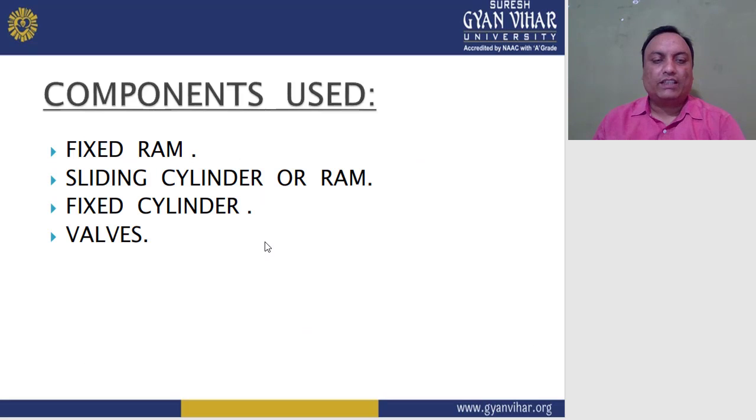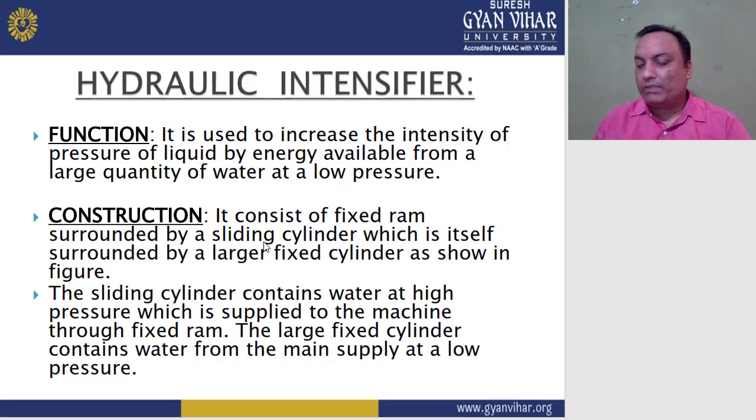So these are some components. First are the fixed ram, sliding cylinder or ram, fixed cylinder, and the valves. These are the main components. Next are the construction and function.